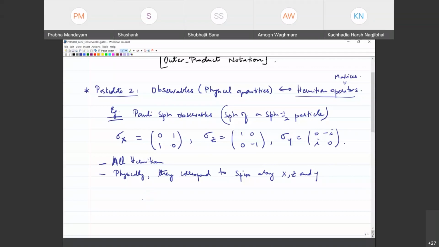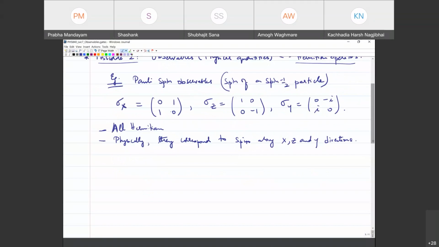So what we were doing last time was to then go on to talk about eigenvalues and eigenvectors. And we said that one reason for associating physical quantities with Hermitian operators is the fact that, so we now get into a little bit of detail about Hermitian operators.